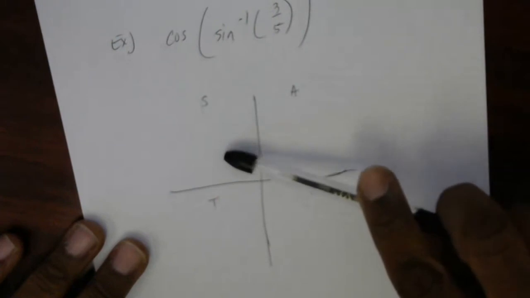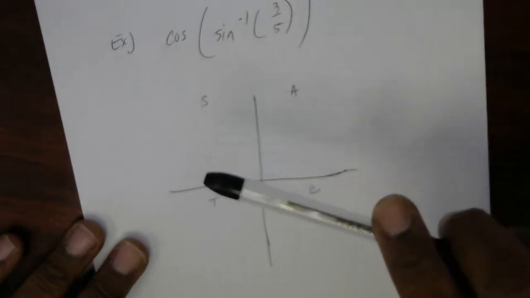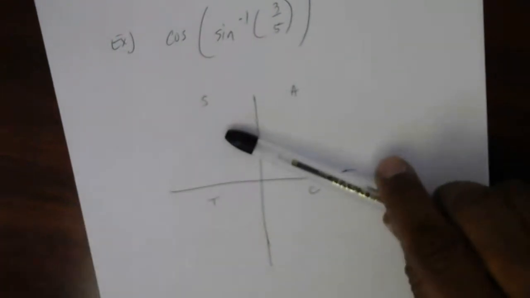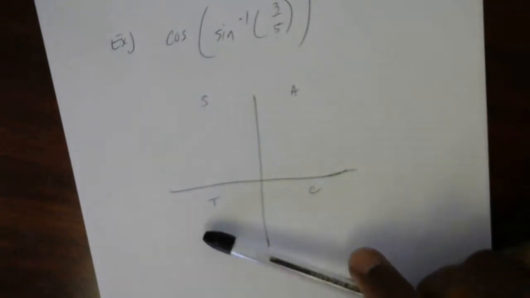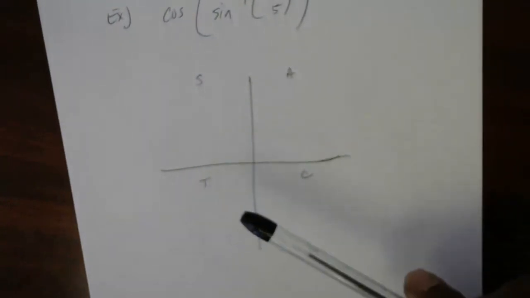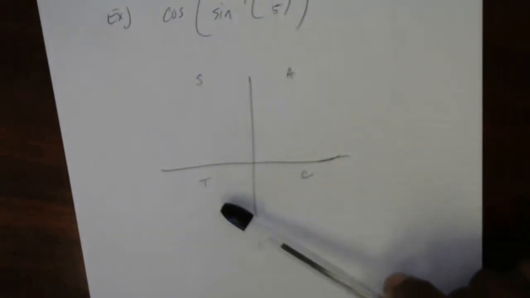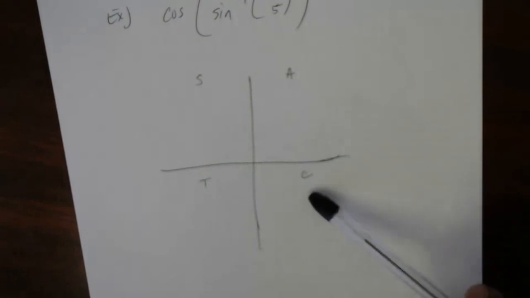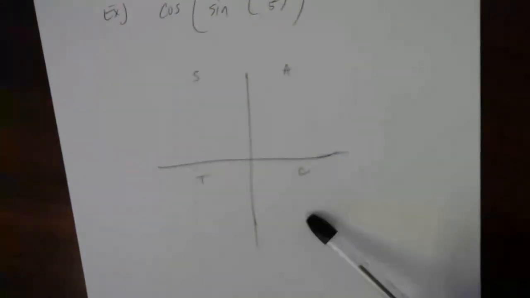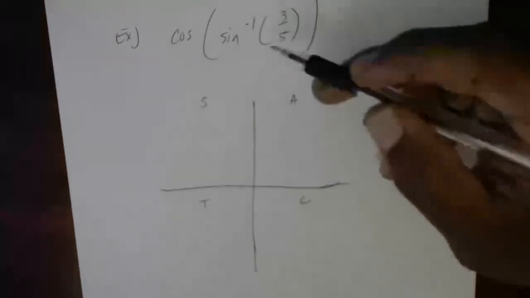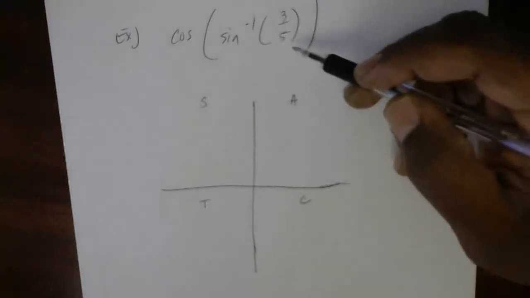In the second quadrant, only the sine and its reciprocal, the cosecant, are positive. In the third quadrant, only the tangent and its reciprocal, the cotangent, are positive. And in the fourth quadrant, only the cosine and its reciprocal, the secant, are positive. Everything else is negative.